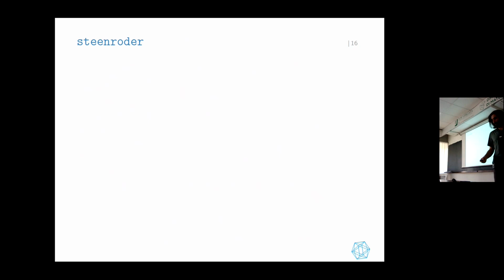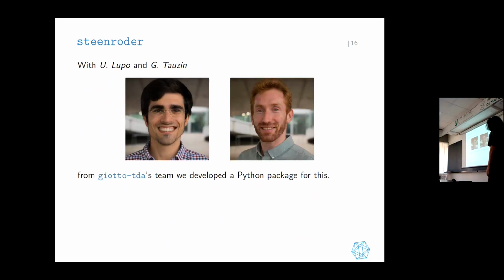Okay, and this is pretty computable. So we went ahead and implemented it, with the help of Umberto Lupo and Guillaume Tauzin, fellow members of the Giotto team.